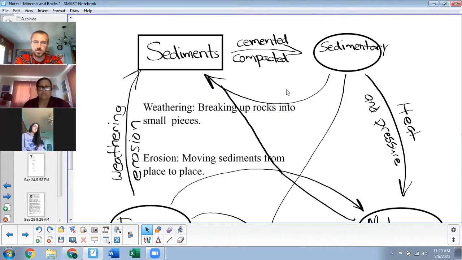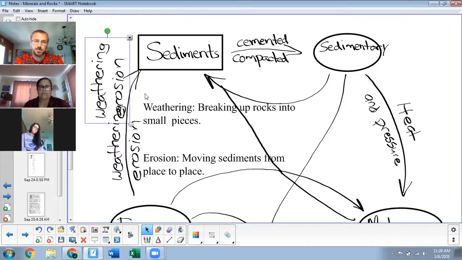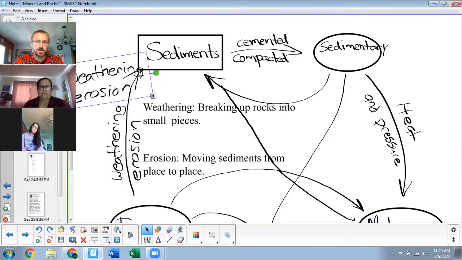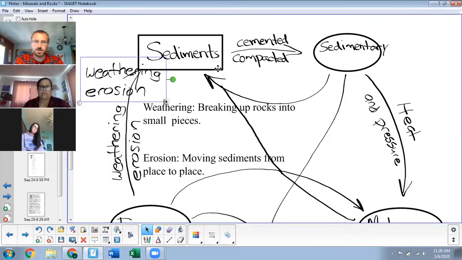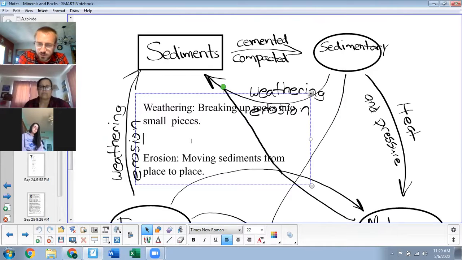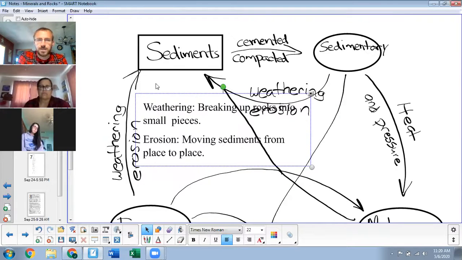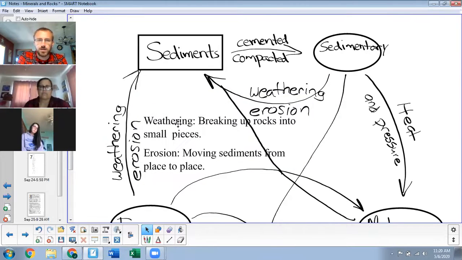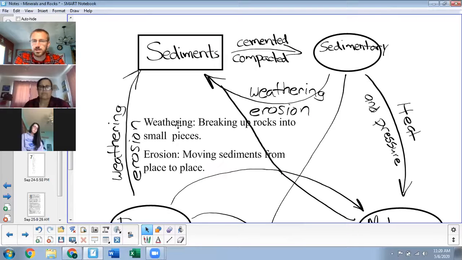If it goes from sedimentary to sediment, the process that I could put there, which I don't have the arrow on, but I could write it there if I wanted to, is if I'm forming a sediment, I must be going through weathering and erosion. So I can draw an arrow any way I want to on this rock cycle, and I'll know what's going on.